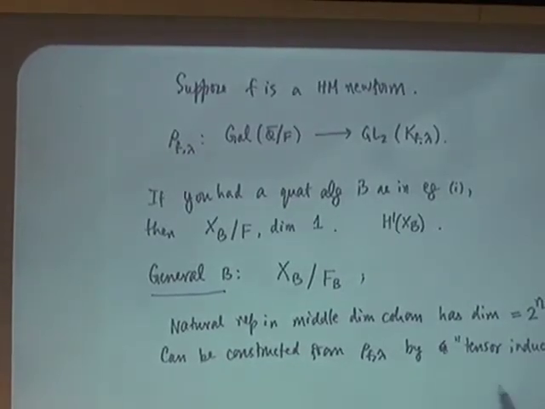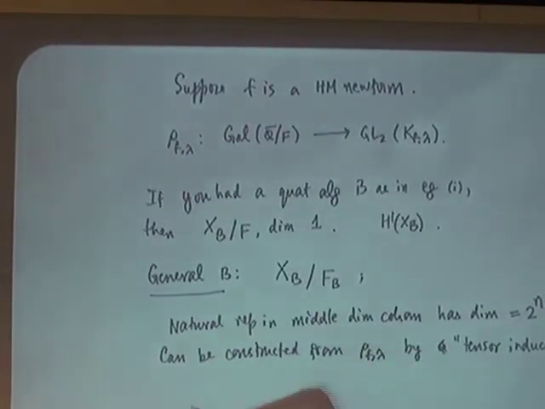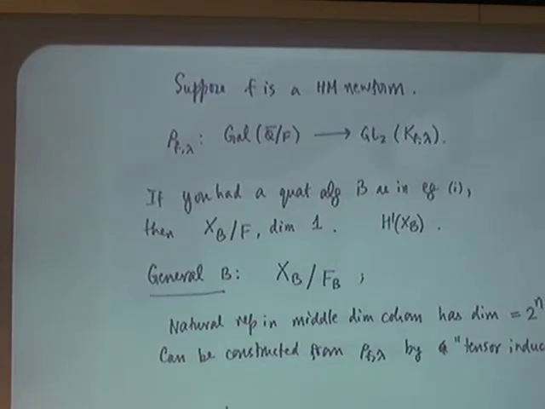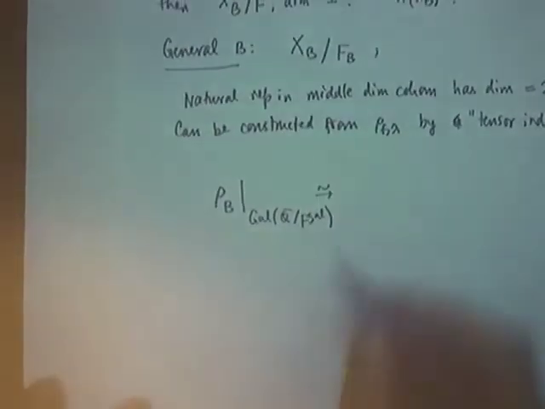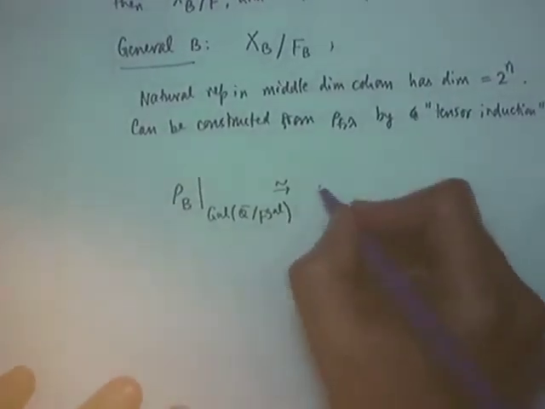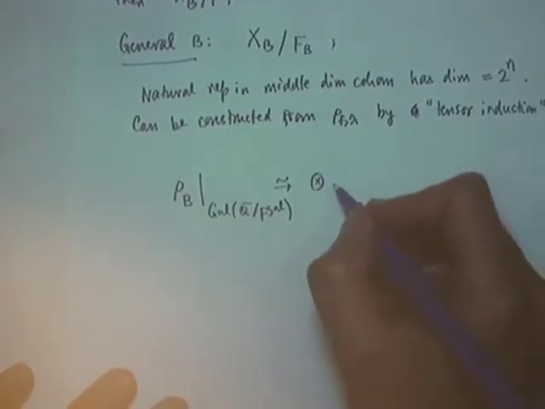But at least if you take this natural representation that you get, I'll call it, say, rho_B, this is on X_B. If you restrict this to the Galois group of Q bar over the Galois closure, then it turns out that this is just isomorphic to the tensor product of what?